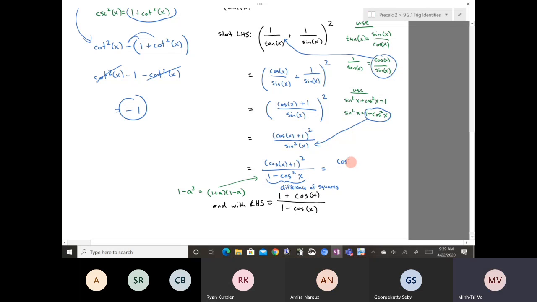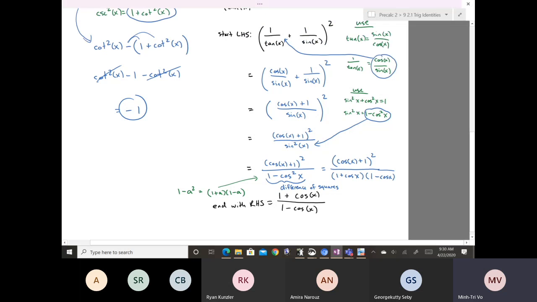So cosine of x plus 1 squared over, right? So I'm factoring it in this way. So 1 plus cosine x times 1 minus cosine x. Cosine is playing the role of a here.